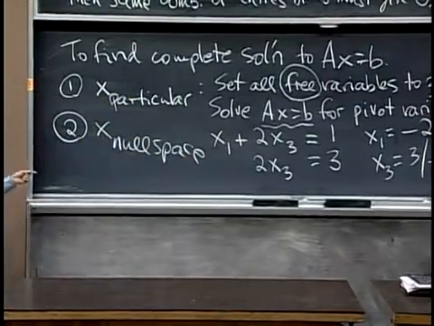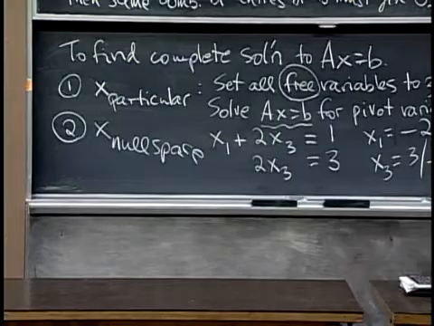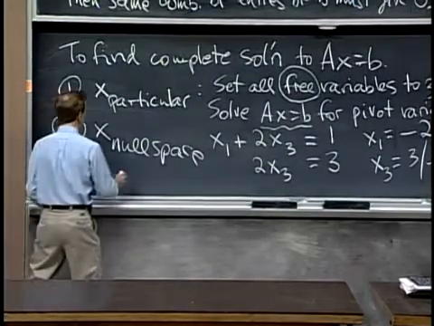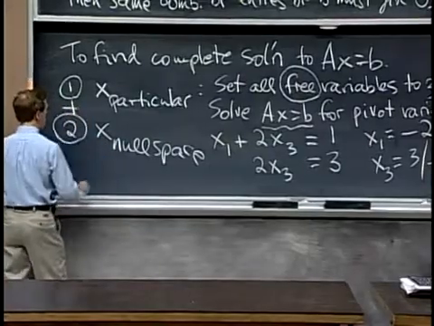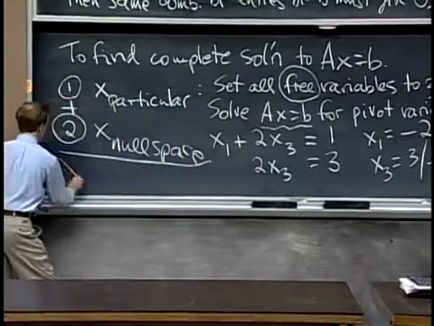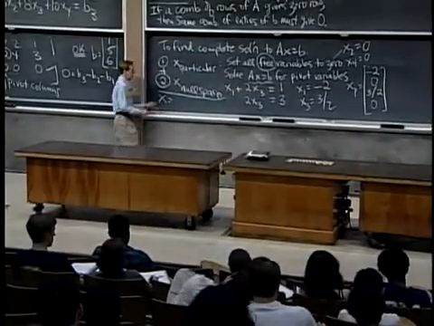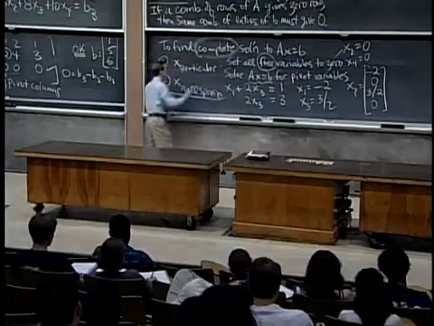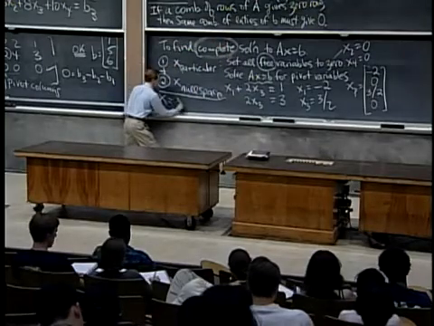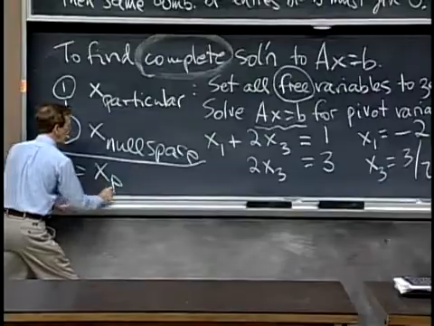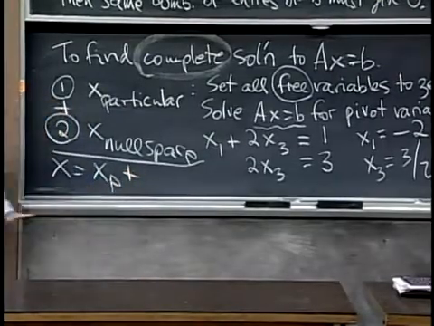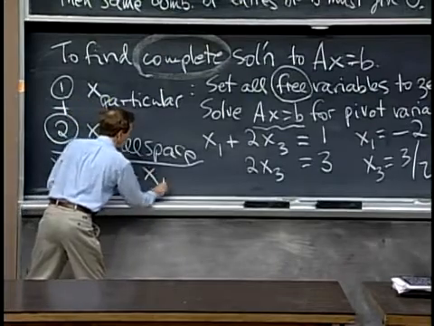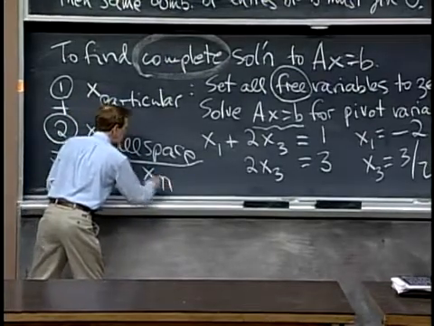We know how to find the vectors in the null space because we did it last time, but I'll remind you what we got. And then I'll add. So the final result will be that the complete solution is this one particular solution plus any vector, all different vectors out of the null space, xn.